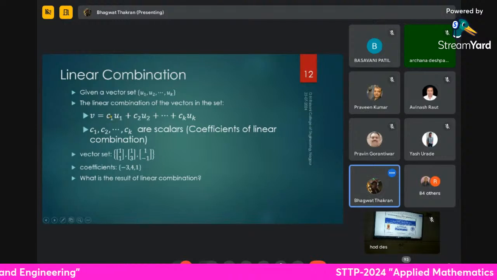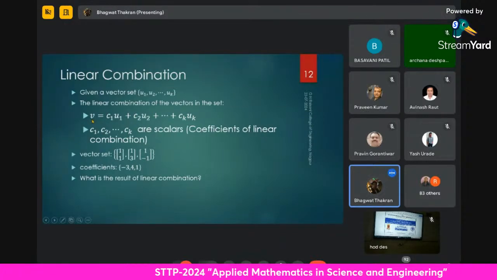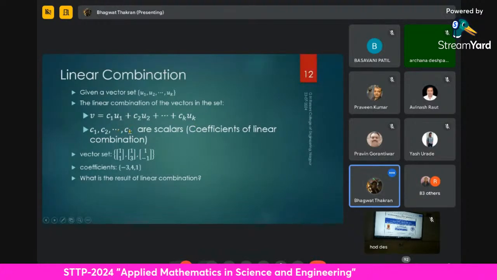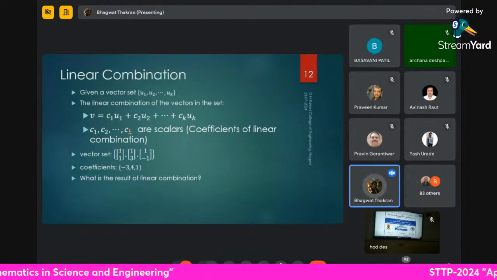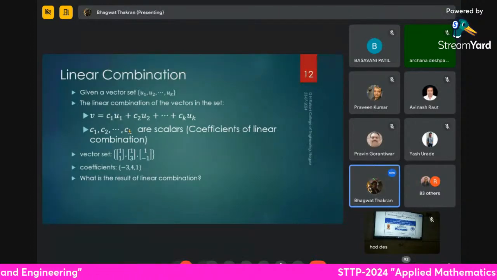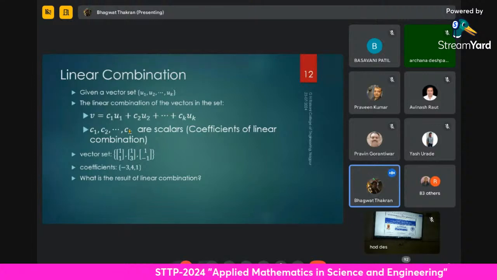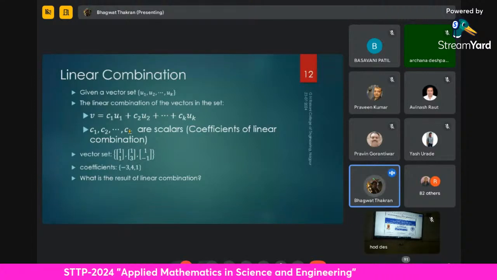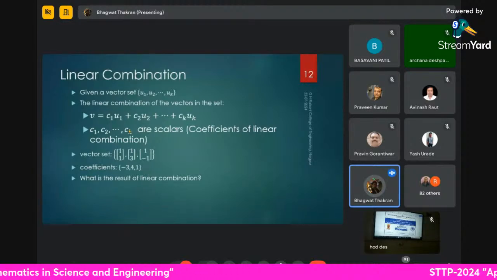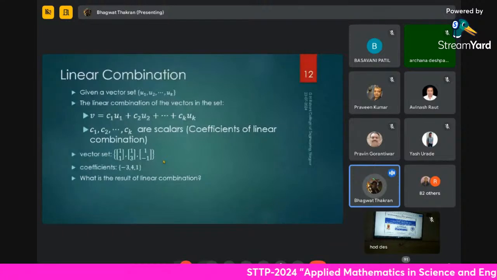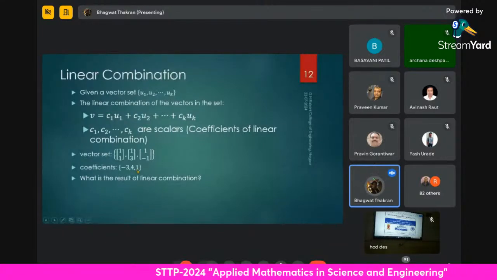Now, if this linear combination represents a vector v, it is also known as the span. So the span is based on the linear combination. Take the vectors 1, 1, 3, and 1, minus 1. If I consider the coefficients minus 3, 4, and 1, what will be the result of this linear combination? It's very simple.